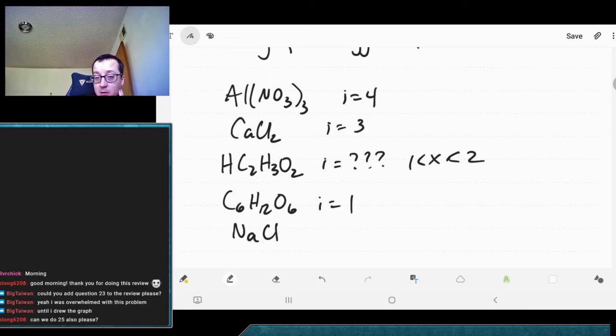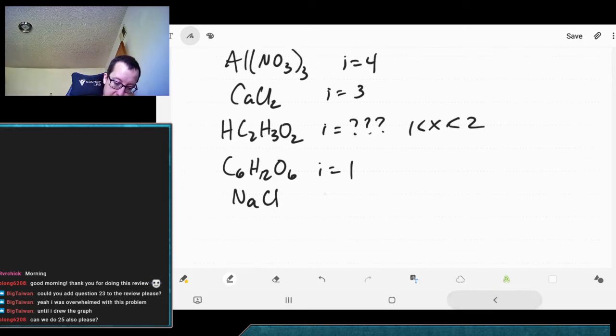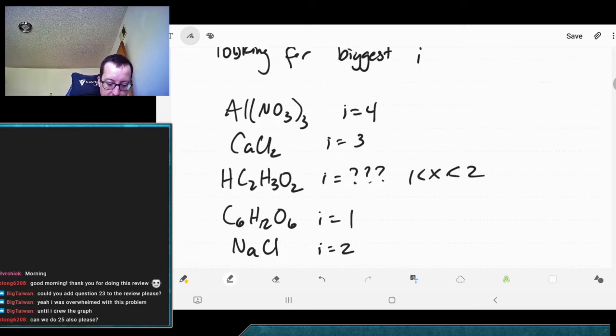It's just a molecular compound, not an ionic compound. And then sodium chloride is I of 2. So looking at these, aluminum nitrate is going to have the biggest I value, and so that one will be the strongest electrolyte. It's going to conduct the most electricity if we dissolve it at 1 molar in water. All right?